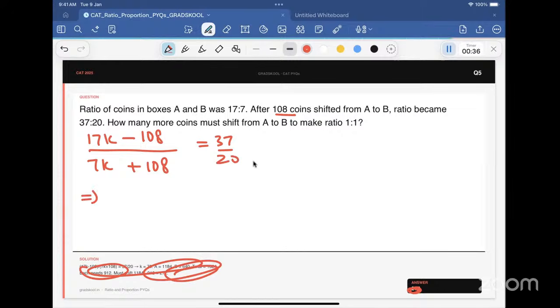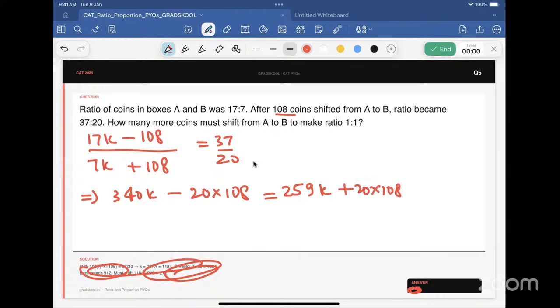Again, a calculative question. How many more coins were shifted from A to B to make the ratio 1 is to 1? To solve that, we just need to cross multiply. So 20 into 17, 340K, minus 20 into 108 is equal to 37 into 7, which is 259K, plus 20 into 108.